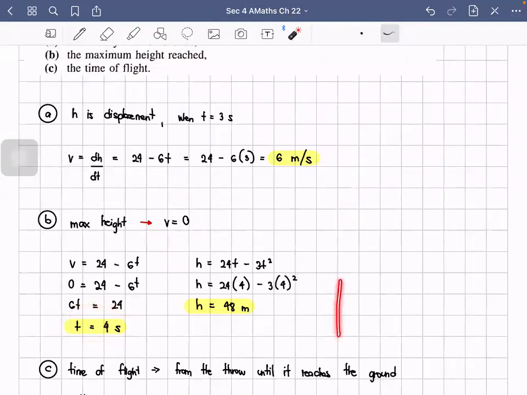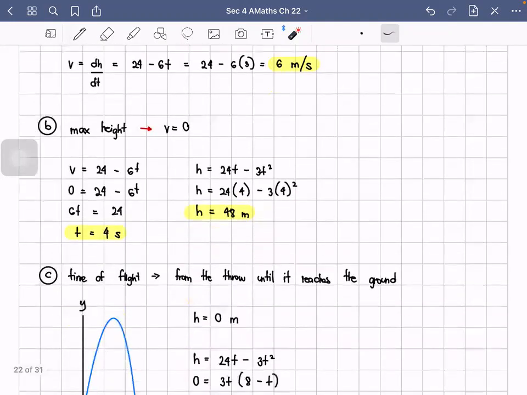So it took the stone 4 seconds to reach its maximum height. With that, using the height or displacement function, just plug in 4 for 4 seconds, and the maximum height is 48 meters.